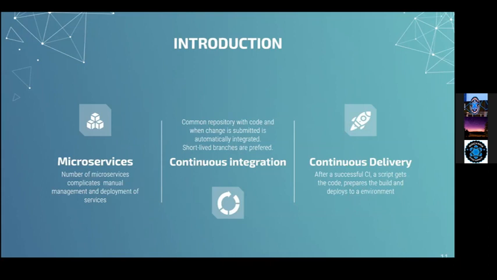So in this practice, short-lived branches with small functionalities are preferred to avoid the number of conflicts that can happen. Continuous delivery happens after a successful CI, and a script picks up the code, prepares the build, and deploys it to an environment, either a test environment or a production environment.